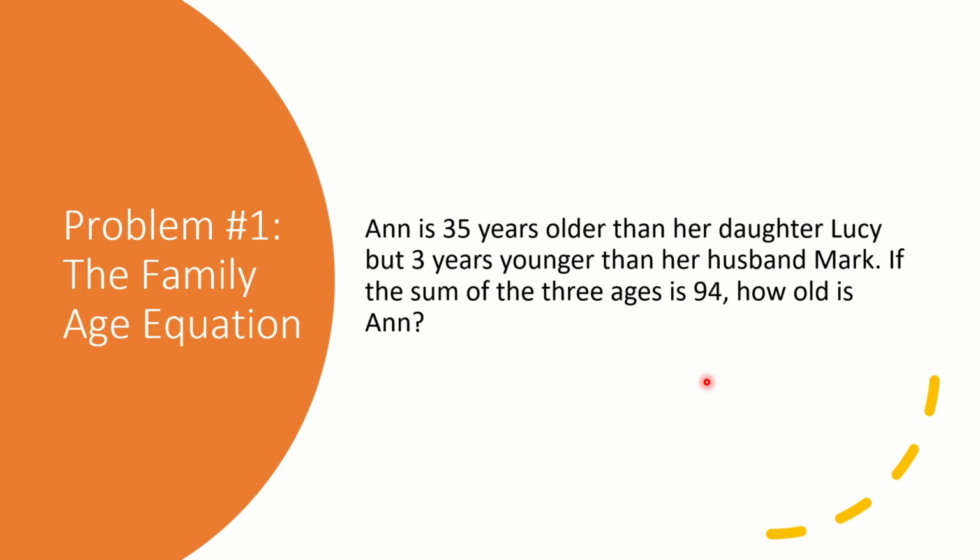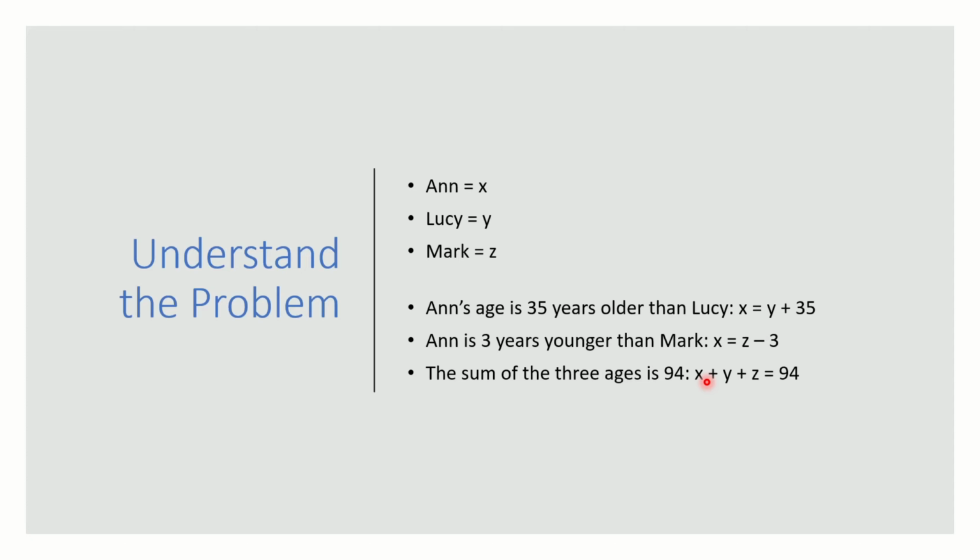So first, we begin with understanding the problem. So let's assign the variables. Anne as variable x, Lucy as variable y, and Mark as variable z. So now let's translate the statements into equations.